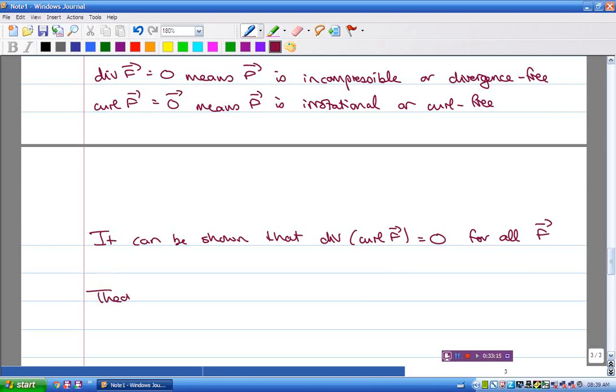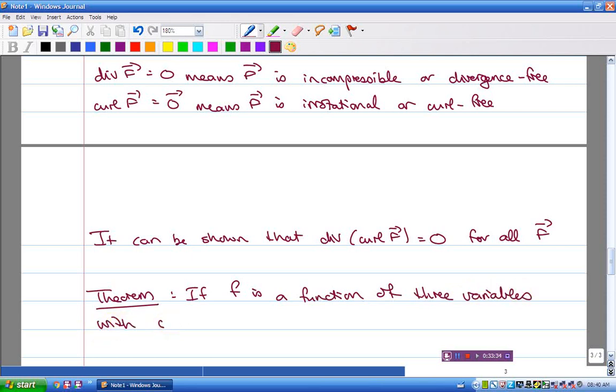Theorem, given without proof. If little f is a function of 3 variables with continuous second order partial derivatives, which most do, it's not really a special thing. Continuous second order partial derivatives.